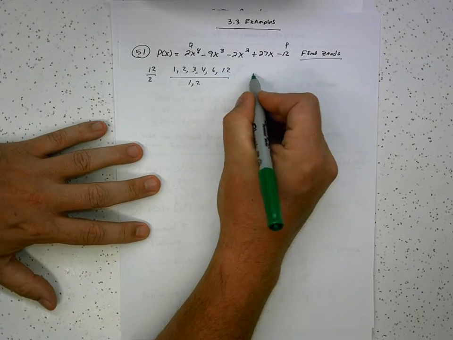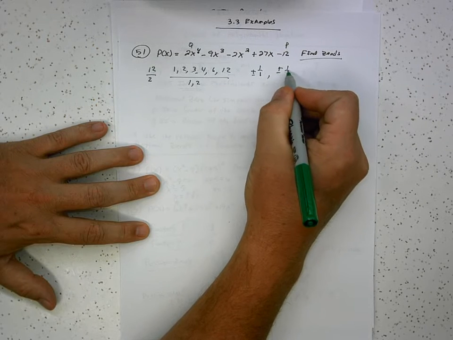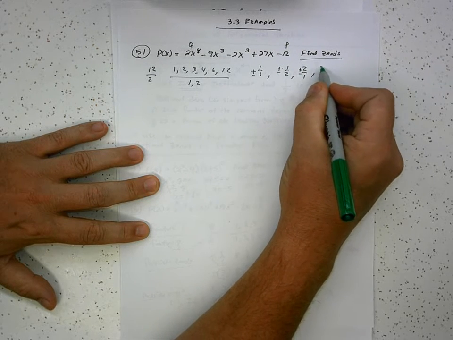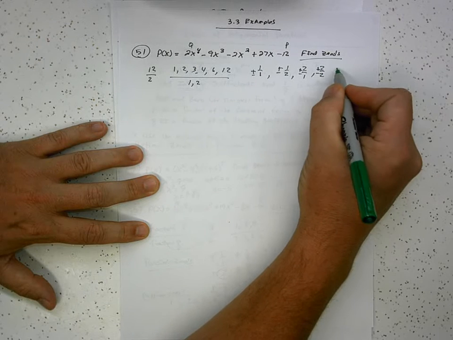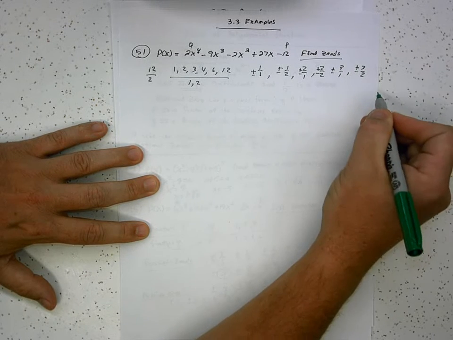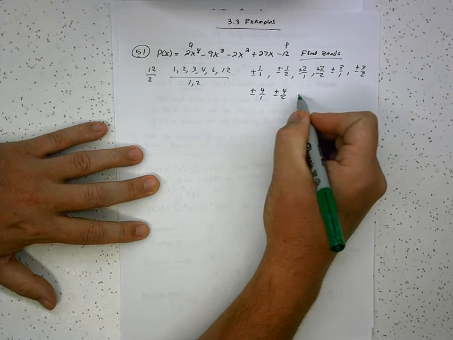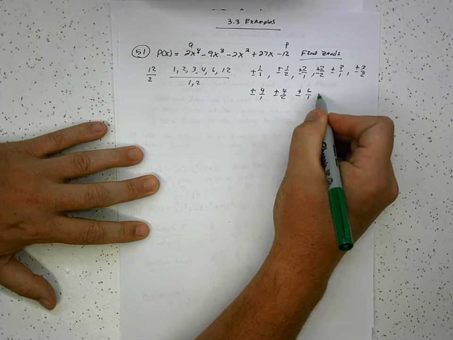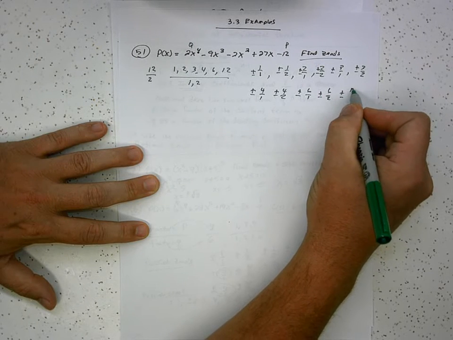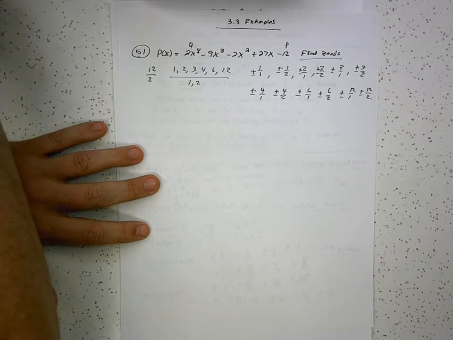So my possible factors are plus or minus 1 over 1, 1/2, 2 over 1, 2 over 2, 3 over 1, 3 over 2, 4 over 1, okay, so we've got those.